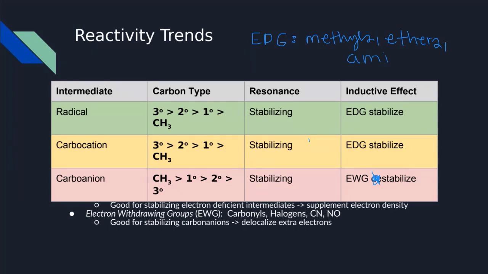These are some good groups to look out for. Also hydroxyl groups, which are just OHs. And then some electron withdrawing groups that you're going to be seeing most commonly are carbonyls and halogens.